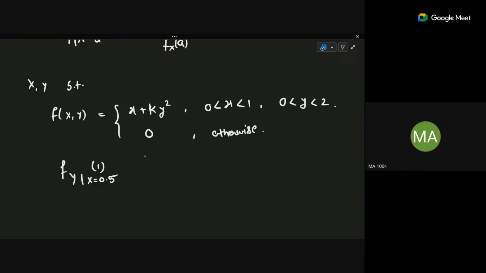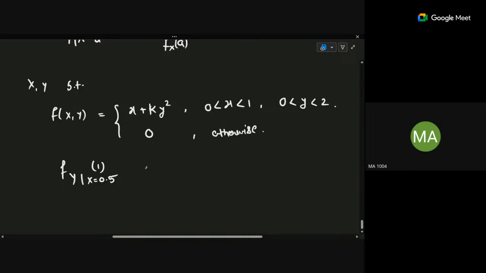Yes, ma'am. What do we have to do to solve this kind of question? You have joint density and you are asked about the conditional density. First you have to find out k, by double integrating the joint density and equating it to 1.